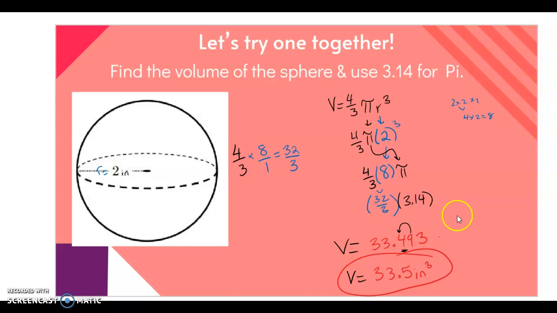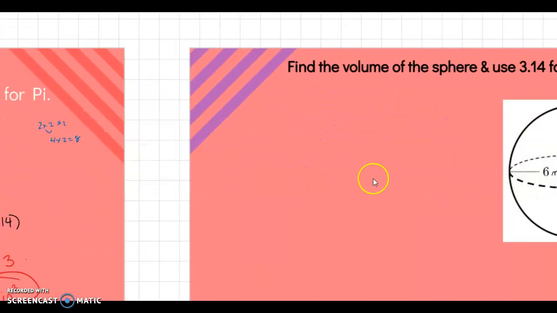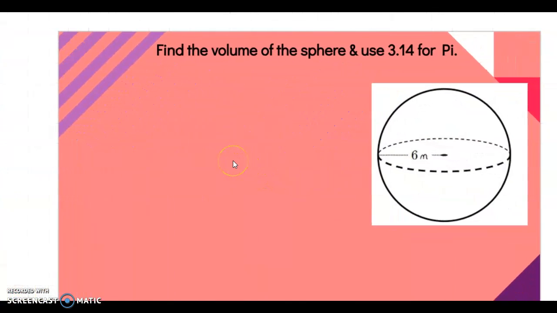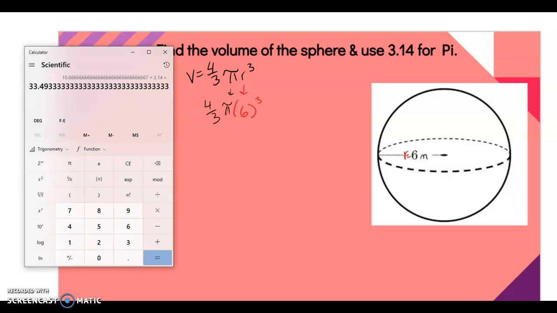Let's try our next one. And remember, in this video you can pause anytime, especially if we're moving too slow or too fast. So V equals 4/3 pi r cubed. My radius is 6. Bring everything else down. Well, 6 times 6 I know is 36. So if I take 6 and cube it, I should get 216.